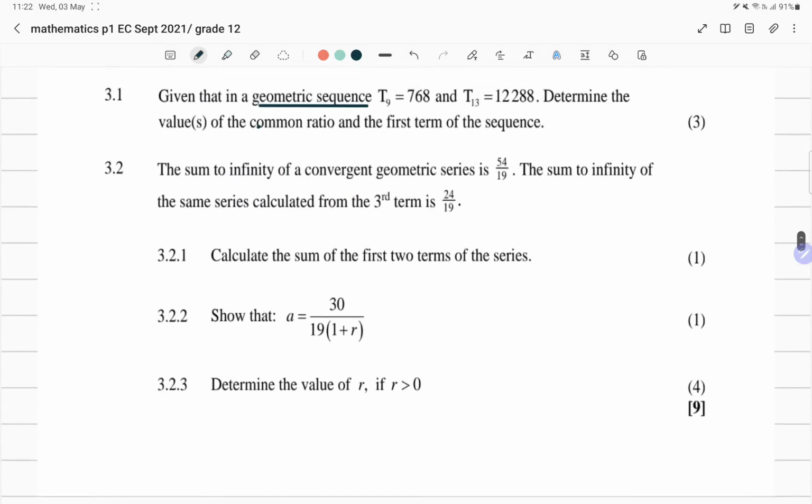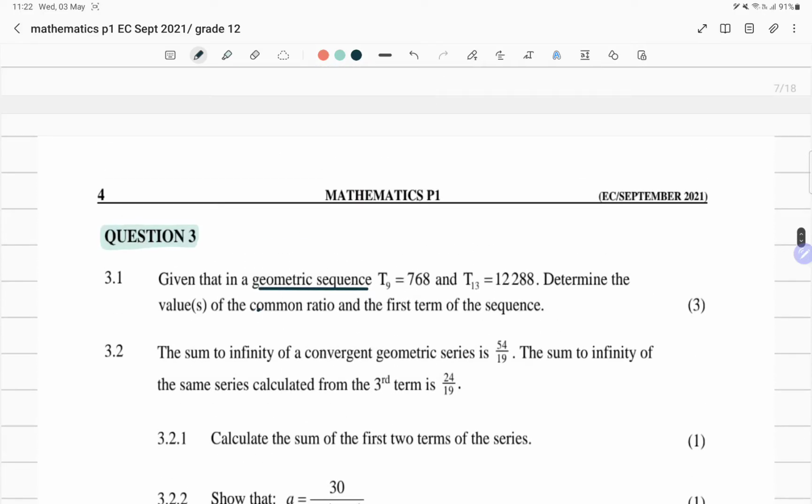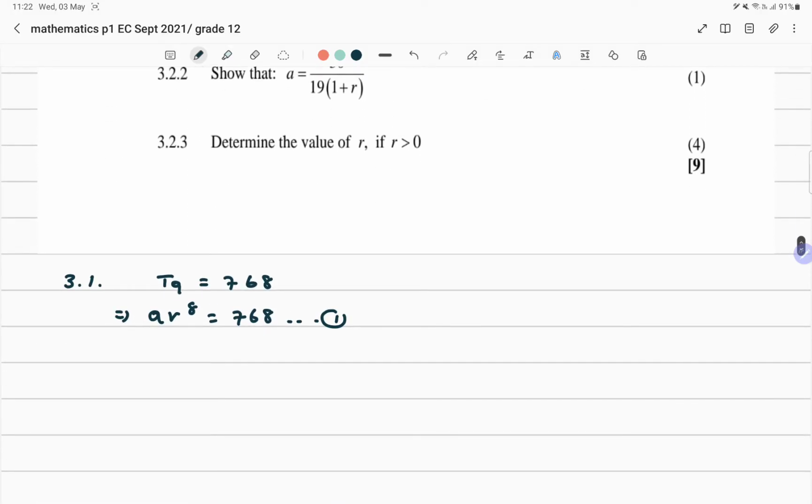Okay. So what does that mean? This implies that T9 is always going to be ar^8 is equal to 768. We can make this one equation 1. Okay. Next equation. They're telling us that T13 is 12,288.